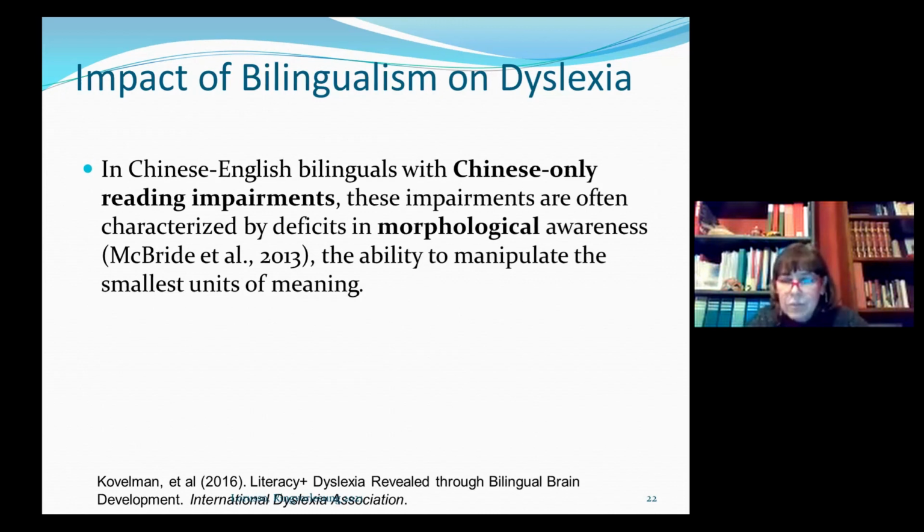But as we said, Chinese can constitute an exception, and there are individuals who are dyslexic only in Chinese and not in the alphabetic language. And in this case, their impairments are usually characterized by deficits in morphological awareness, so the ability to manipulate the smallest units of meaning, the morphemes.